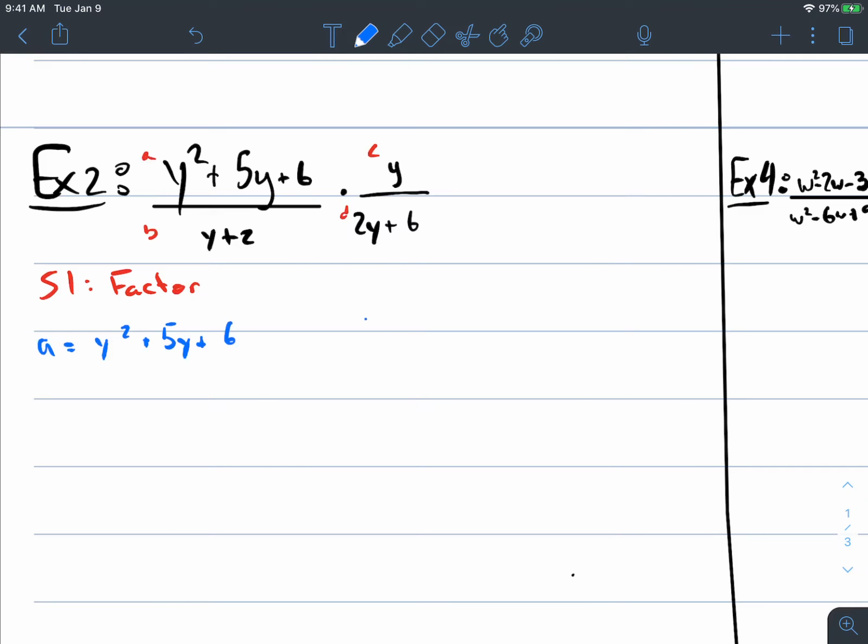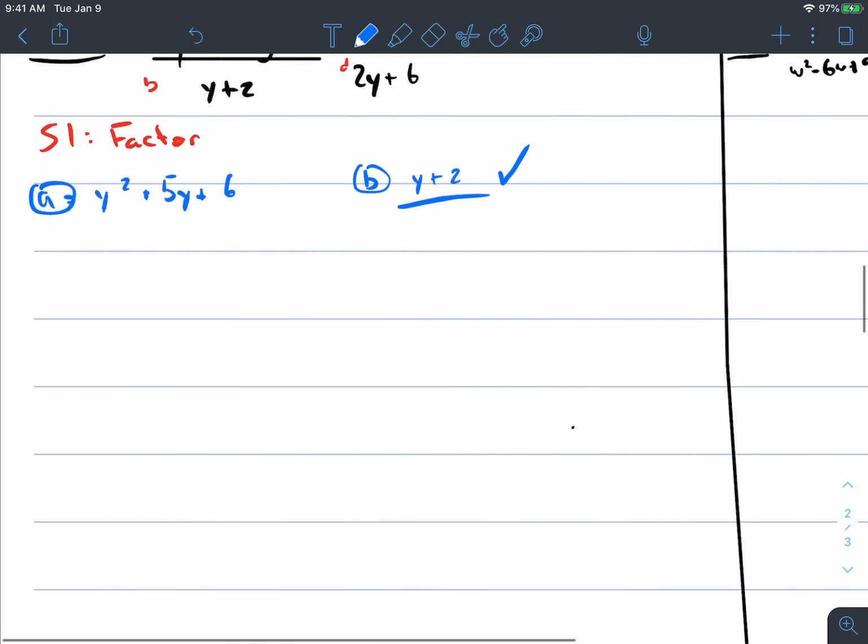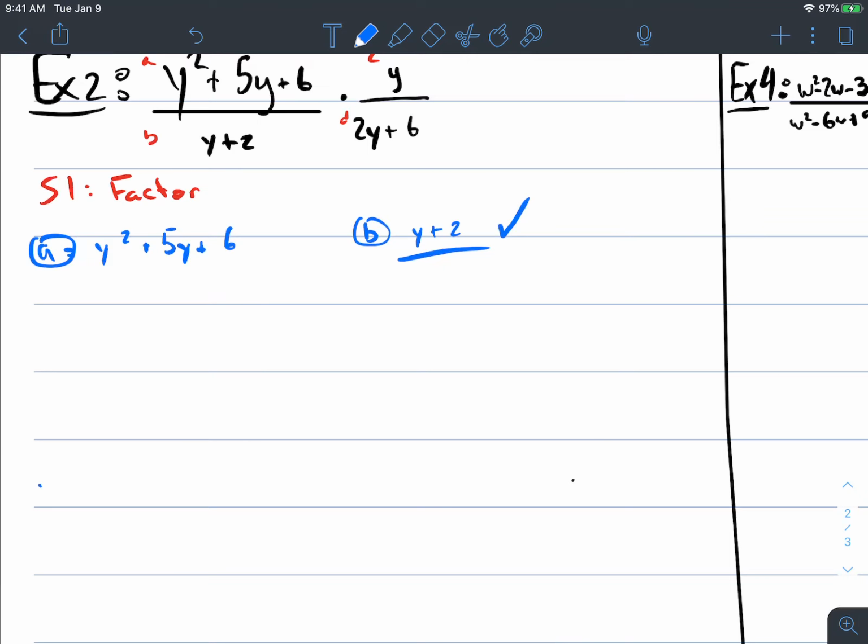And then I'm going to have B here, right? So this is A, this is B. Cool thing is, we don't have to do anything for B. We're done. All right. But let's look at, and then for C that's just y, and for D it's 2y plus 6. So this is just y.